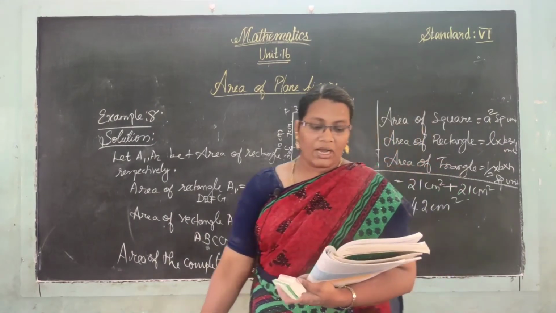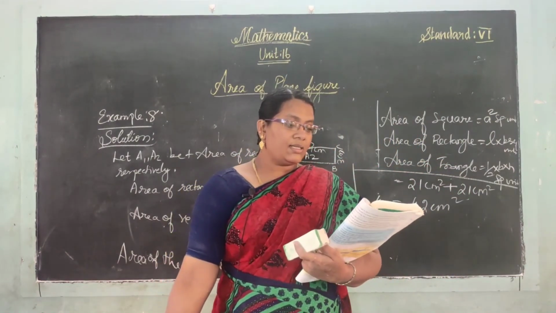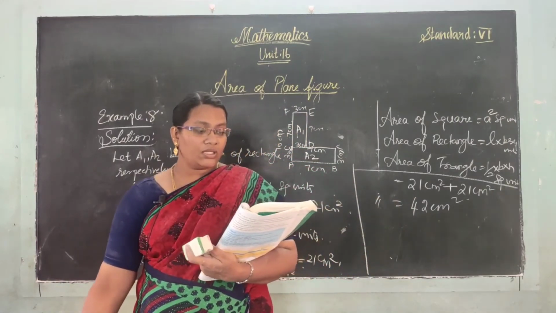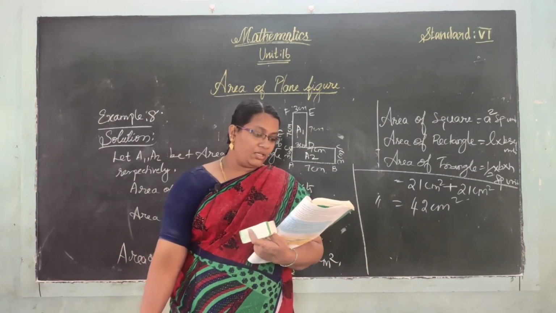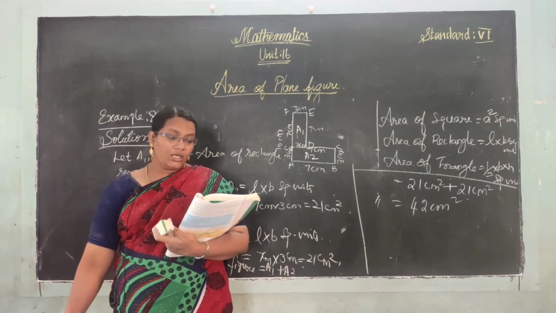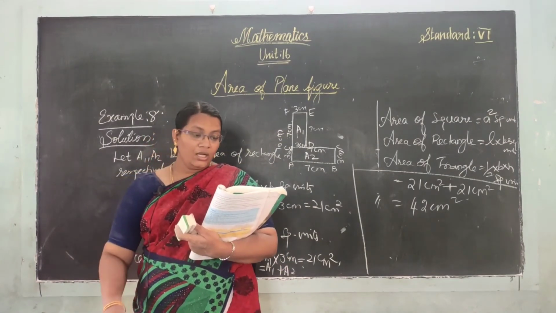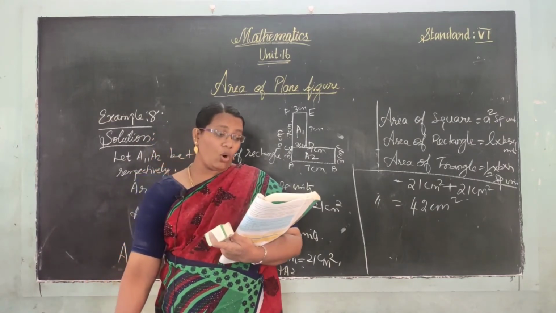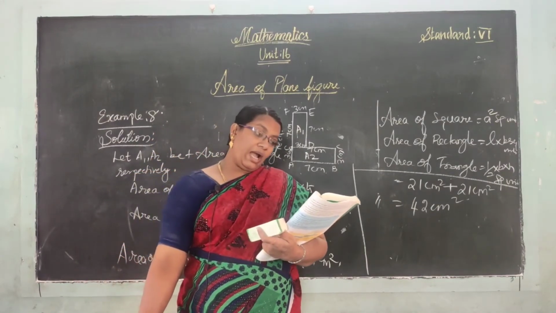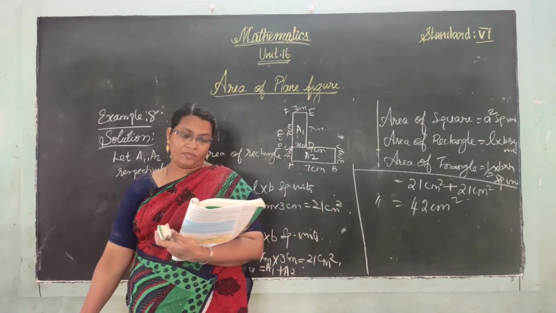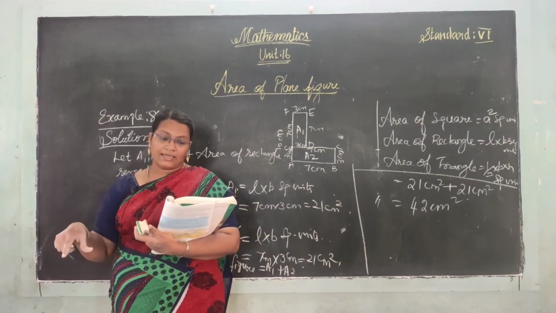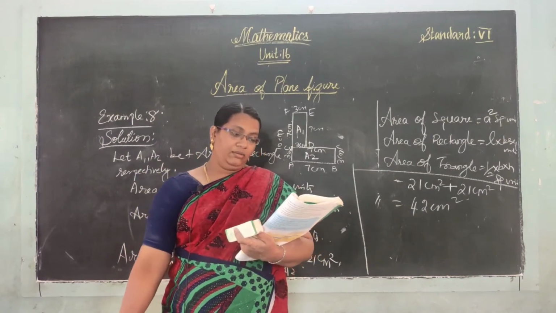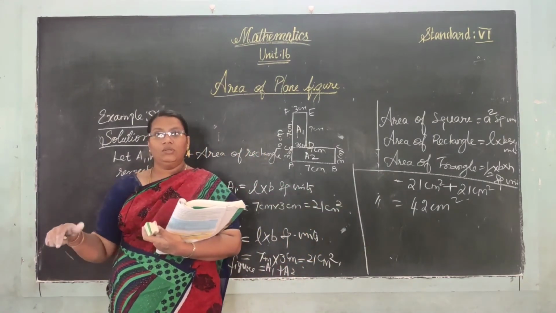See example 9. How many tiles, each measuring 3 meter by 1.5 meter, are required to cover the rectangular hall 18 meter long and 5 meter broad? The tile's measurements are given, 3 meter length and breadth 1.5.